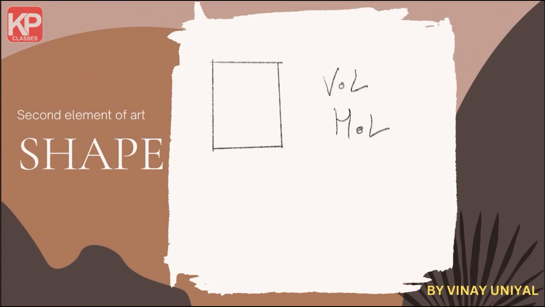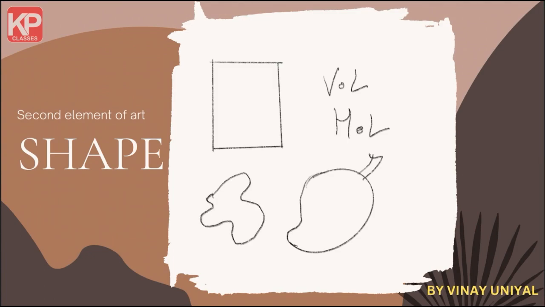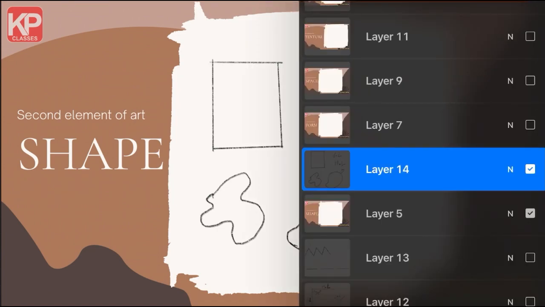Now if I want to make a very random shape, like a fruit or vegetable, like I'm making this mango, you can see this is a combination of curved lines, the freehand lines, right? So shape is generally occupied by lines. It can be natural, it can be geometric.